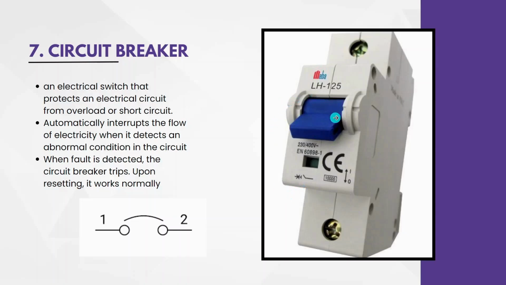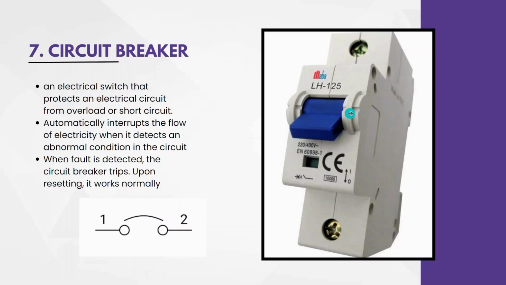The next component is the circuit breaker. What you're seeing in this image is a circuit breaker, and it is more like an advanced version of a fuse because it can be reused again, unlike a fuse. This is mainly used to protect the components from damage because of a short circuit or also due to overload.